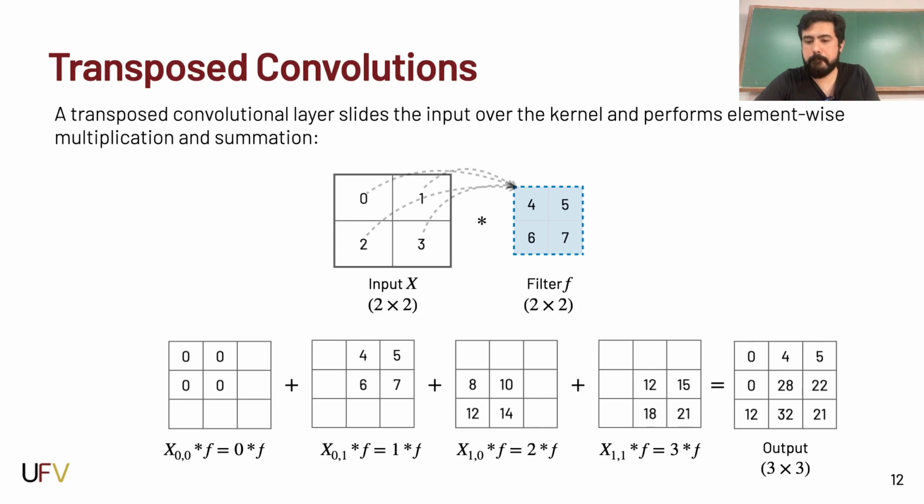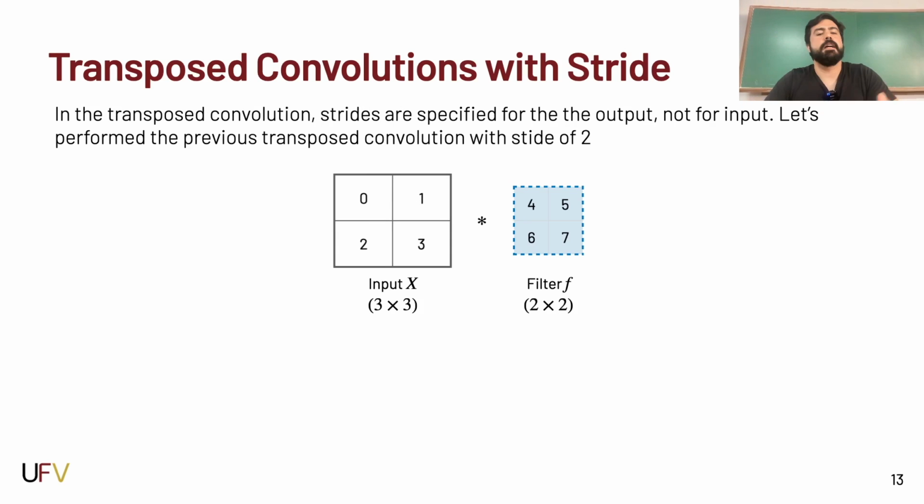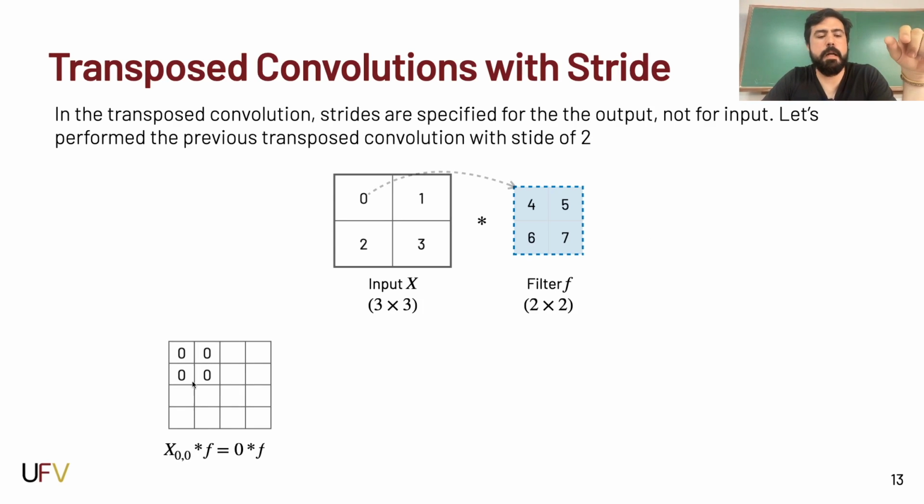So now you saw that we started with a 2 by 2 image and it grew to a 3 by 3. And this is a stride of 1 type of transposed convolution with no padding. The only thing that changes if you had a stride of 2, for instance, is that when you're producing the results, you would move your output 2 steps instead of 1.